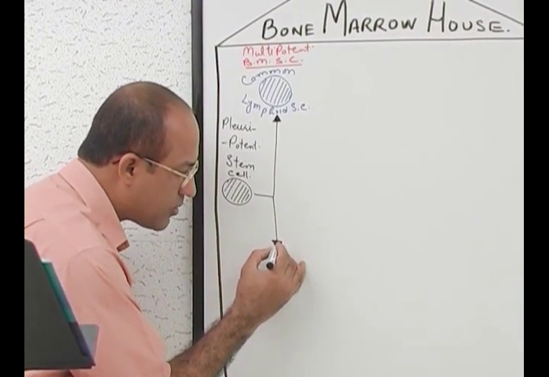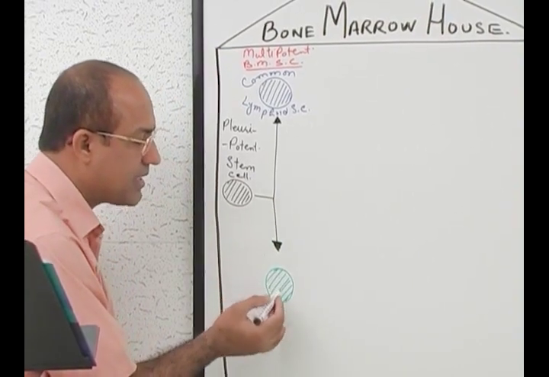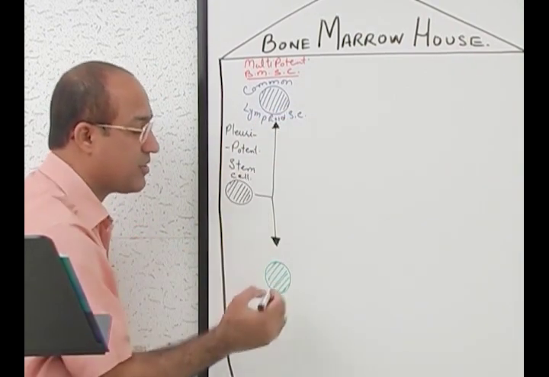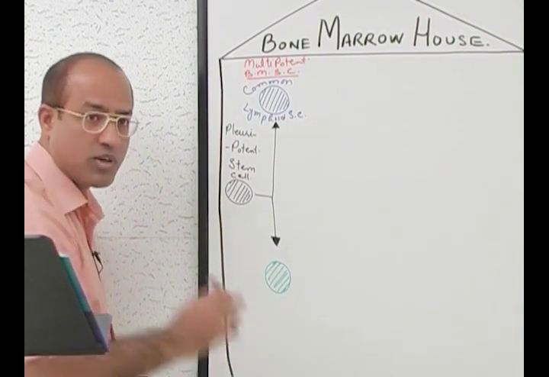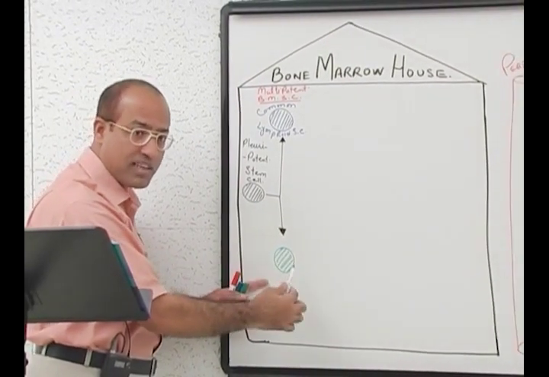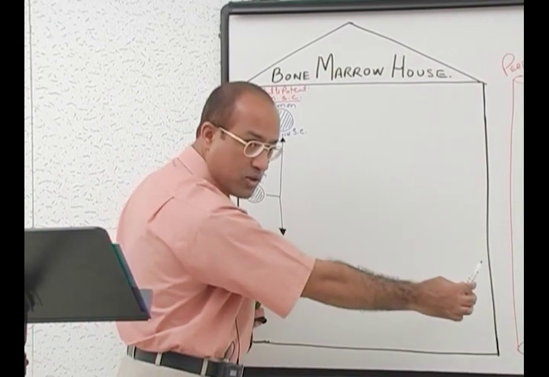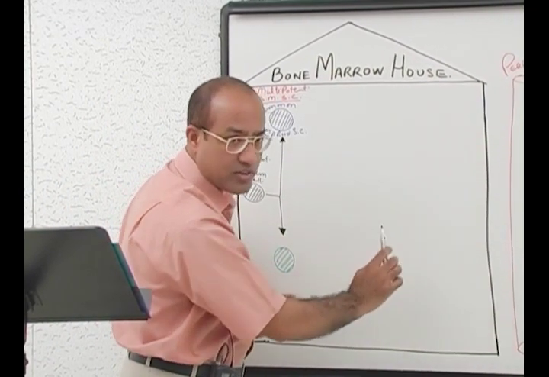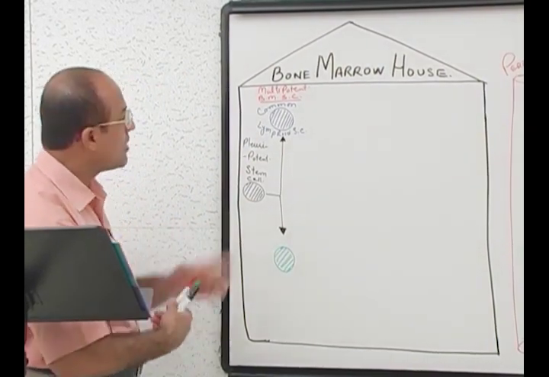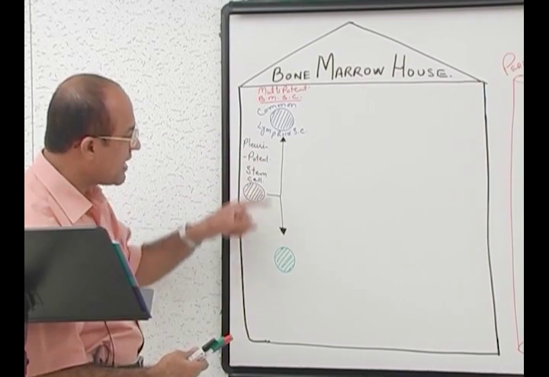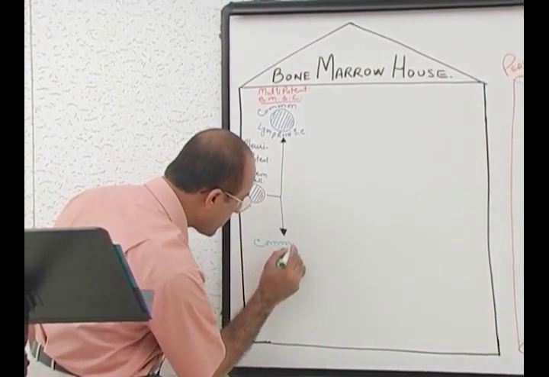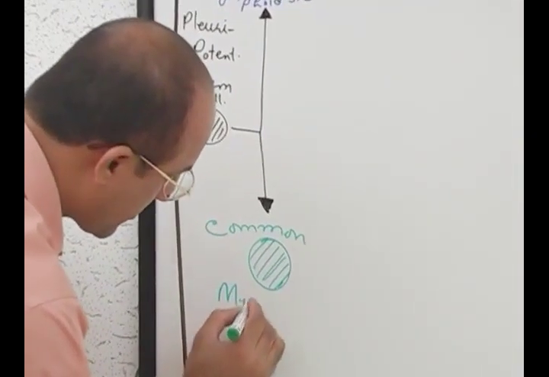Myeloid system means bone marrow plus all the cells produced by the bone marrow other than lymphocytes, because lymphocytes are included in the compartment of the lymphoid system. This was common lymphoid stem cell, and this is common myeloid stem cell.